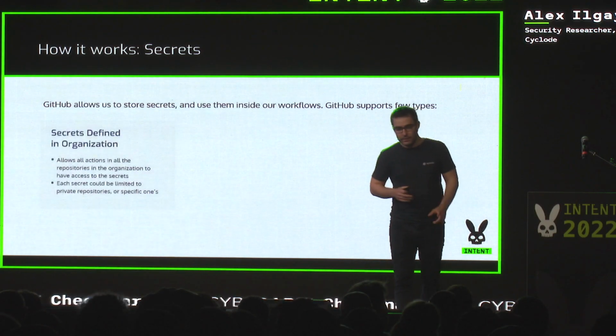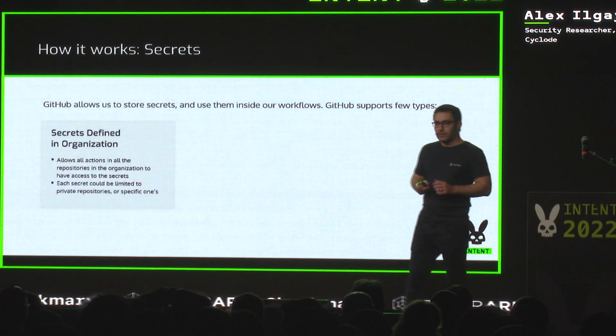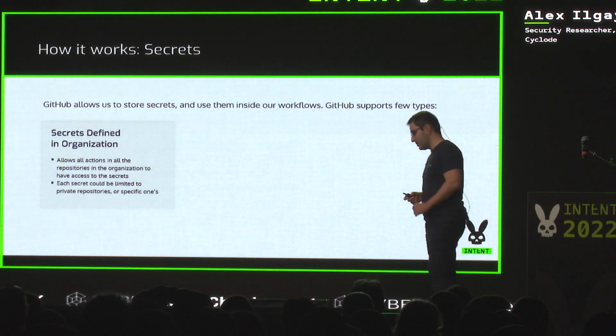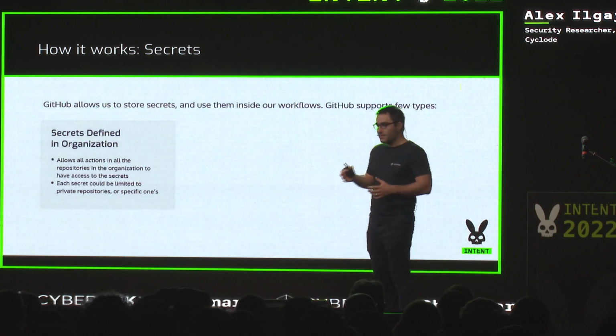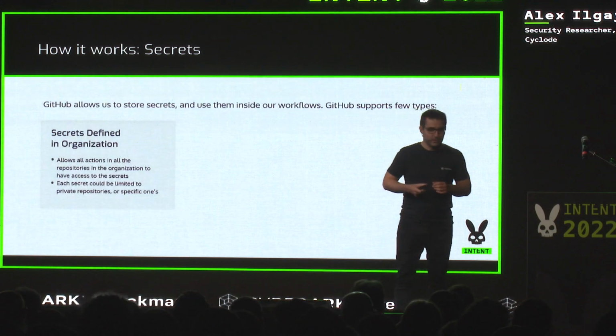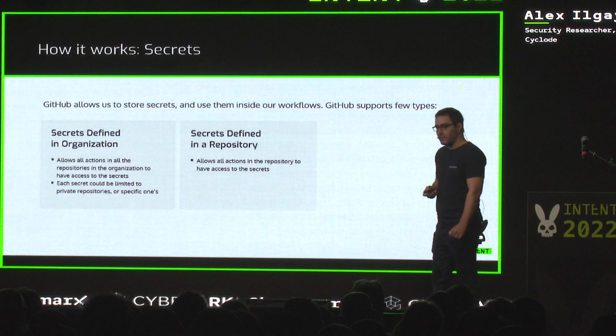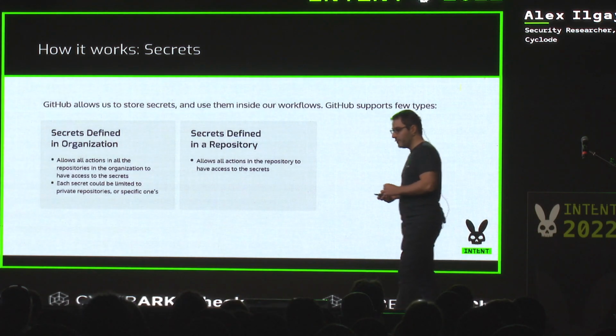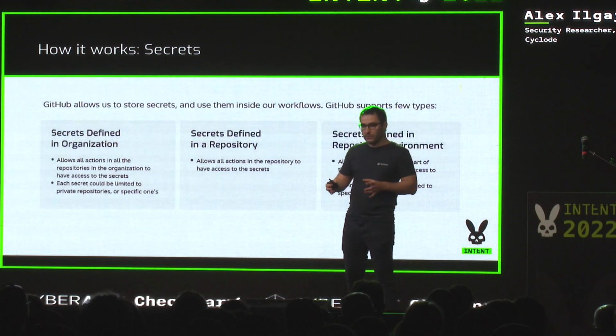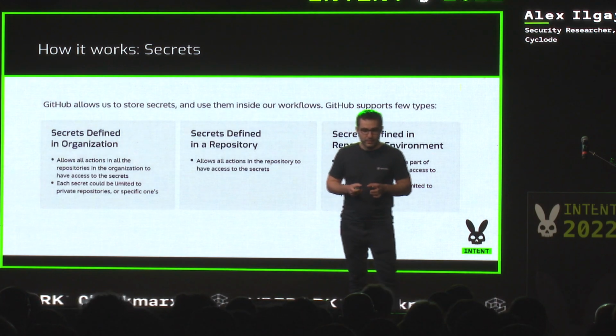You can define this in three ways. First, it can be defined on the organization level, and then it will be exposed to all the repositories in your GitHub organization. Or it can be defined on the repository level. Or finally, it can be defined as a repository environment, which we'll talk about at the end in the mitigation part.